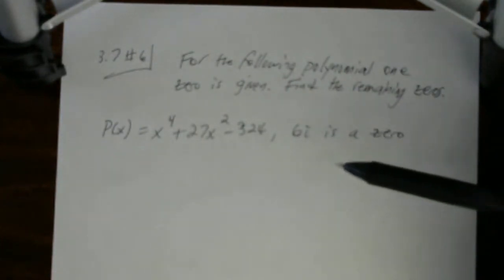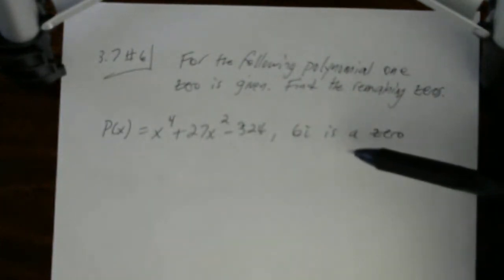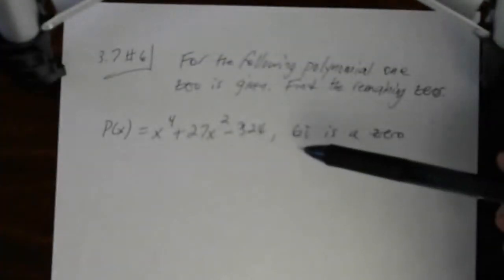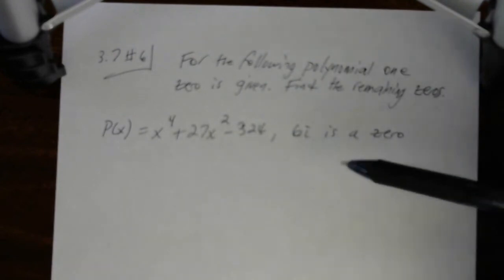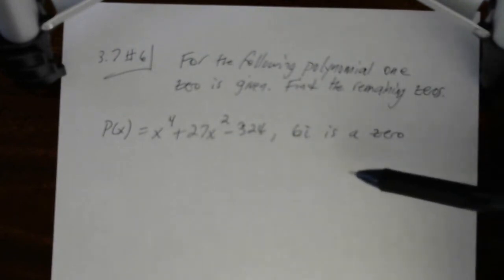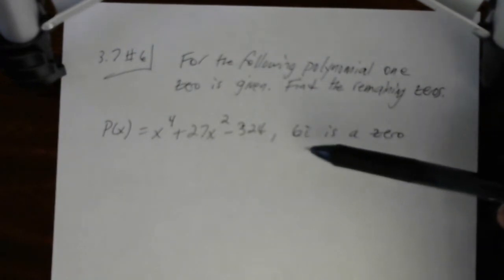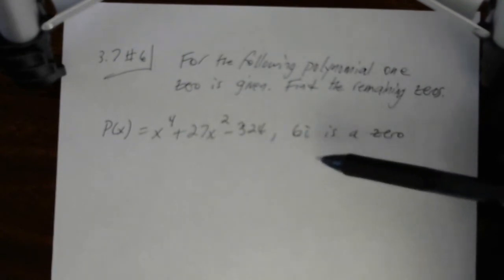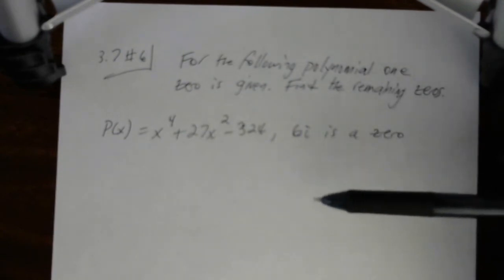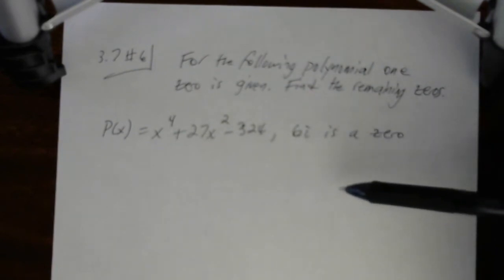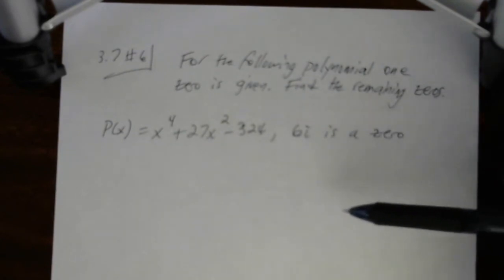The way we proceed to answer this problem is slightly different than the other problem, mainly because of the complex number as a zero. So what we're going to do in this instance, we know that complex numbers come in conjugate pairs. So if 6i is a zero, then negative 6i has to be a zero.